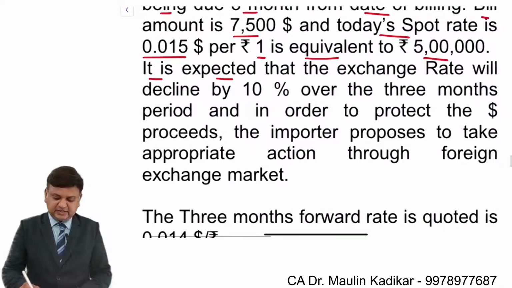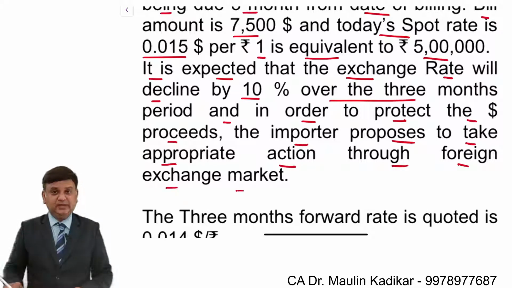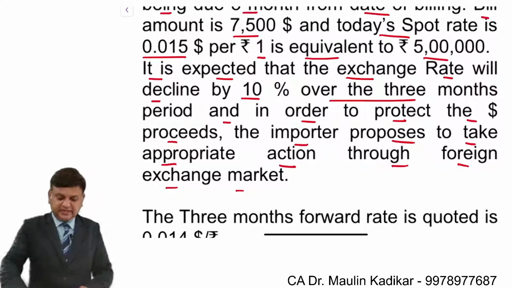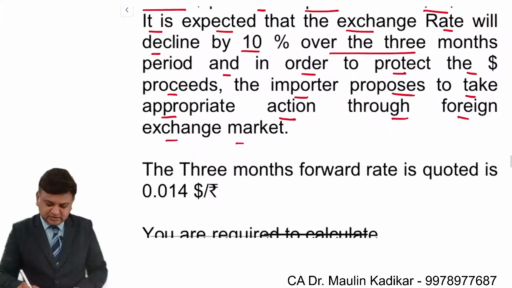It is expected that the exchange rate will decline by 10% over the 3 months time period, and in order to protect the dollar proceeds, the importer proposes to take appropriate action through foreign exchange market. So we understand it's 0.015 into 0.9. We are expecting the spot exchange rate to be 0.0135 dollar per rupee.